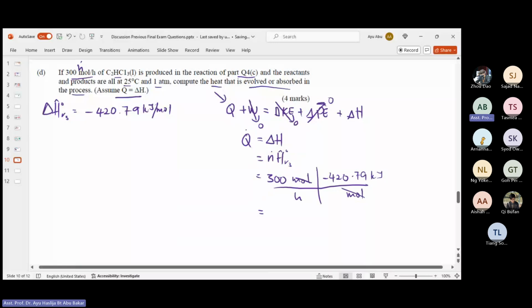Convert it in kilowatt. Okay, what do you get in kilowatt?